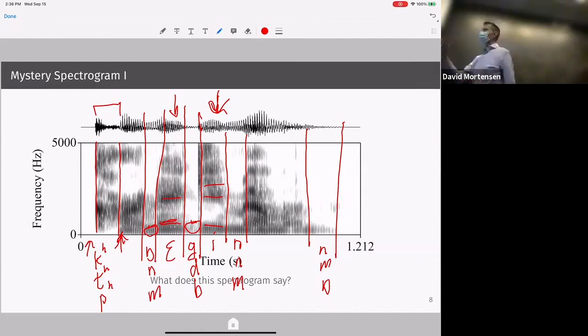So you can do it. On the midterm, I always do this exercise, which I find very fun, and probably students find tedious. I give you four spectrograms and four words or phrases.